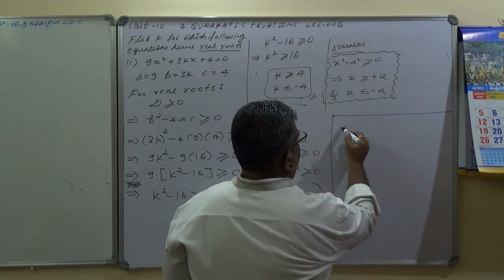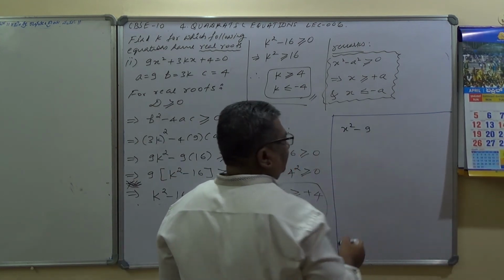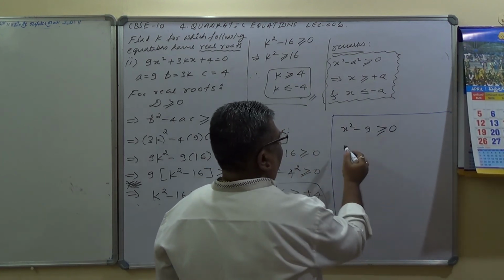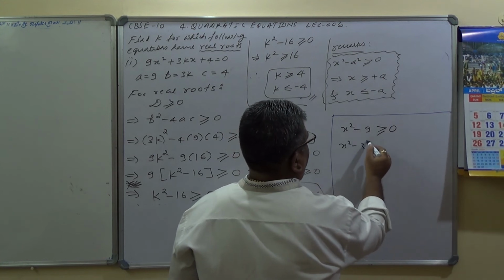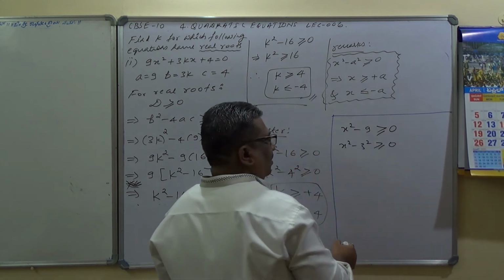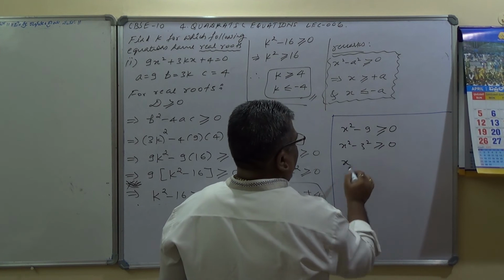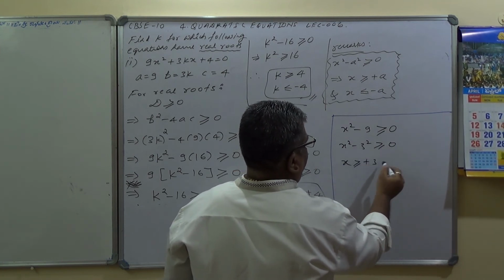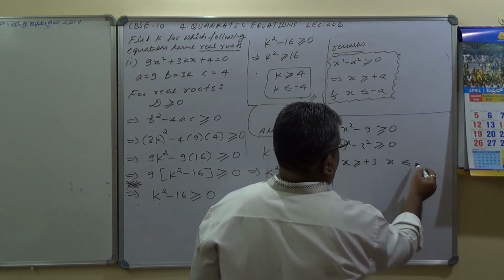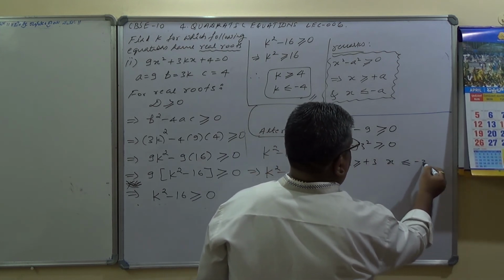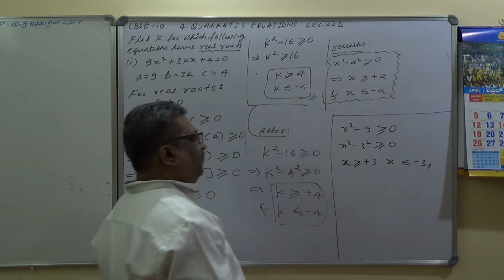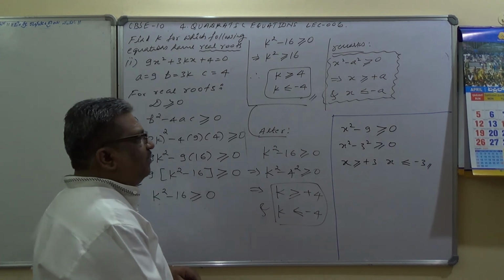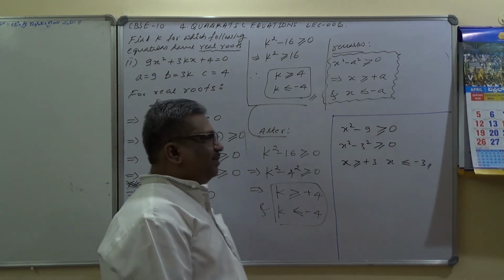See here, x square minus 9 should be greater than or equal to 0, which implies x square minus 3 square should be greater than or equal to 0, which implies x should be greater than or equal to plus 3 and x should be smaller than or equal to minus 3. That should be the answer. Correct? Here itself, can I discuss one more aspect?